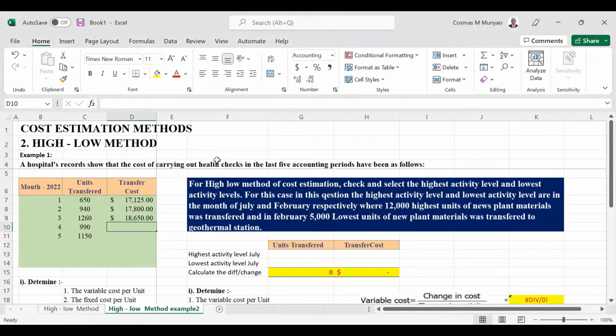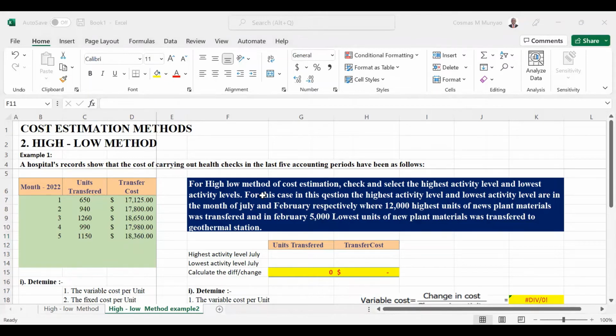In period 4, 17,980, and in period 5, by conducting 1,150 health checks, the hospital spent 18,360.